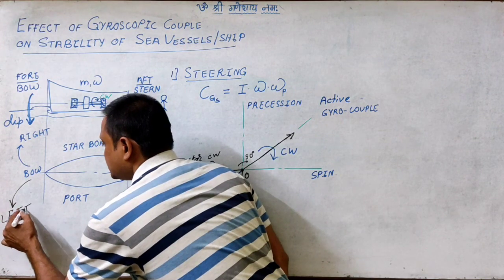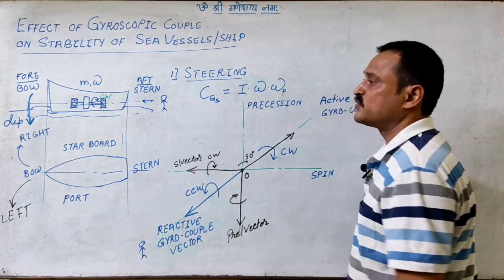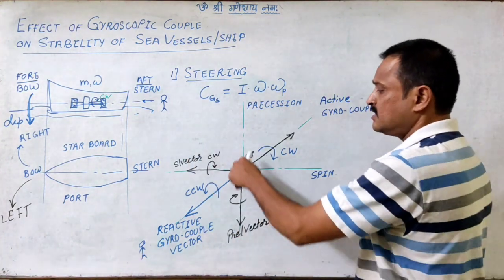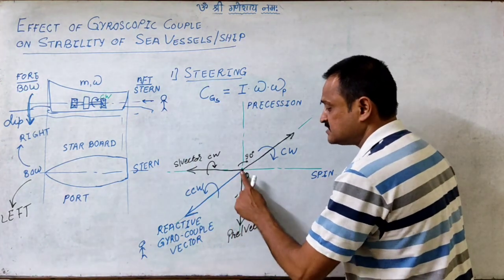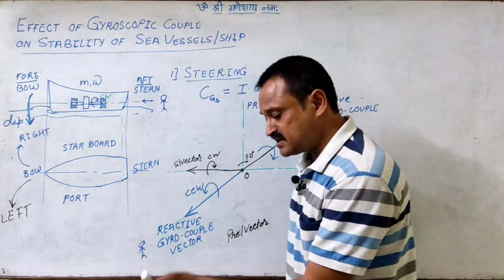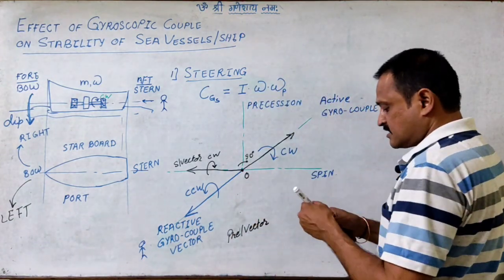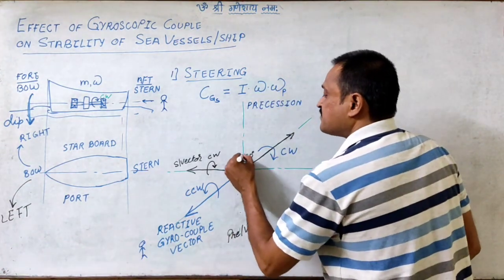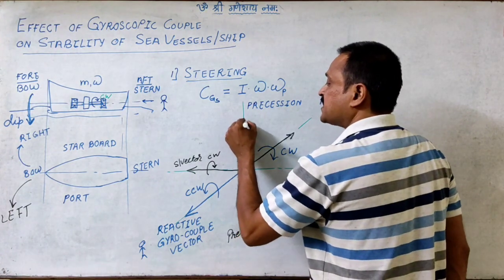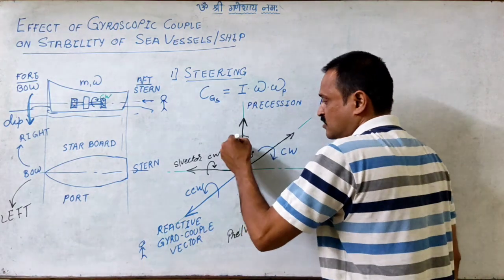When the ship is turning to the left, the spin vector condition is not going to change, but the precession condition has changed. Now it is turning to the left, which means it is counterclockwise. So I get the precession vector for a left turn in this fashion, which is counterclockwise.